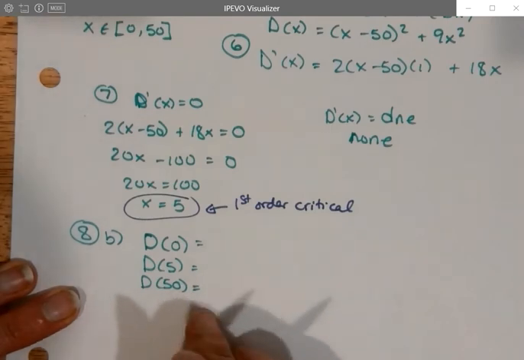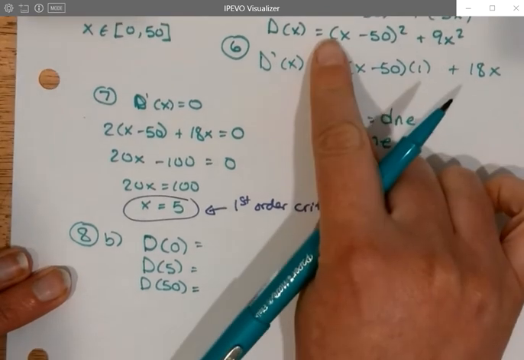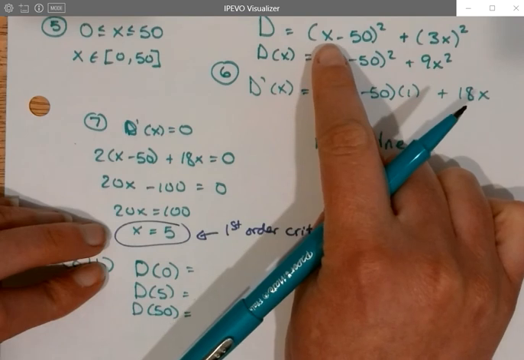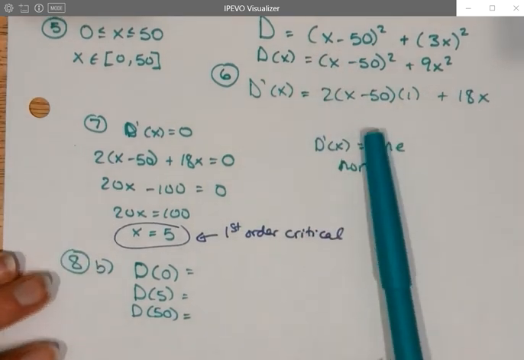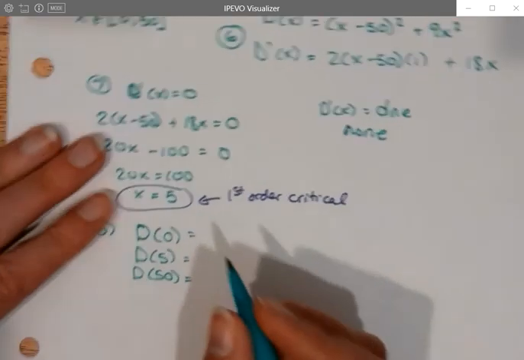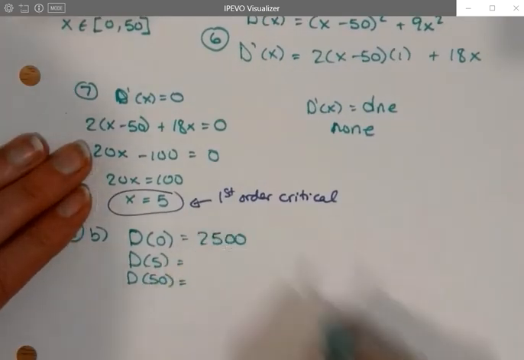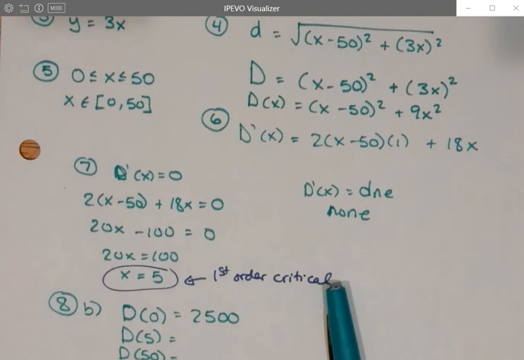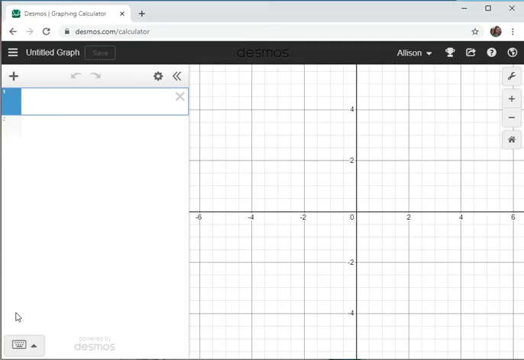So I'm not evaluating the derivative. This is the original function. So back up here, the original function, if I plug 0 in here, I have to figure out what 50 squared is. So 50 squared would be 2,500. Then I'm going to plug in 5. I'm going to use a calculator to do some of this. So we have 5 minus 50 squared plus 9 times 25.